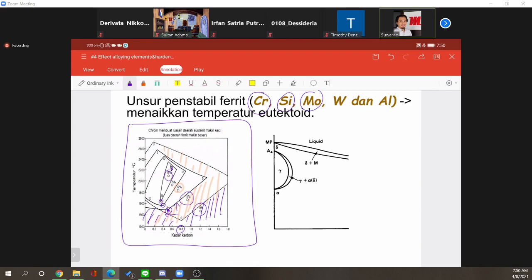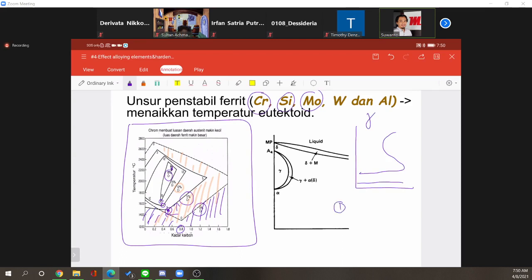Then what do you think is the effect of this on the treatment process, or on your TTT diagram, for example? You remember, if you have a TTT diagram, something like that, and then you have a curve like that, this must be austenite. That's an important thing.